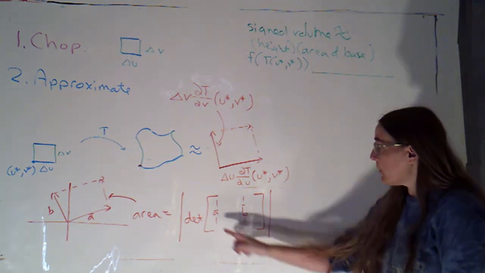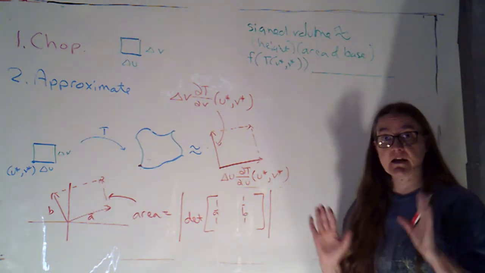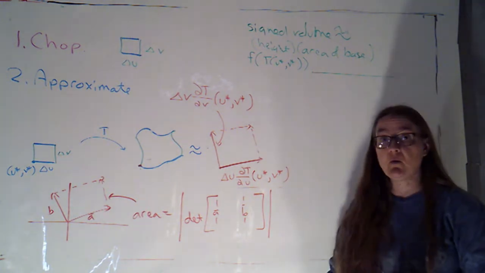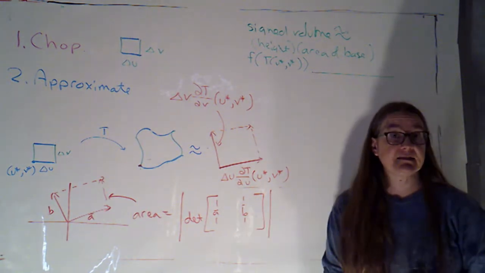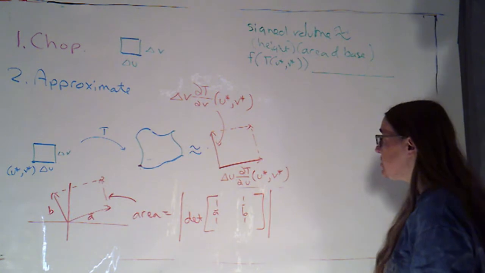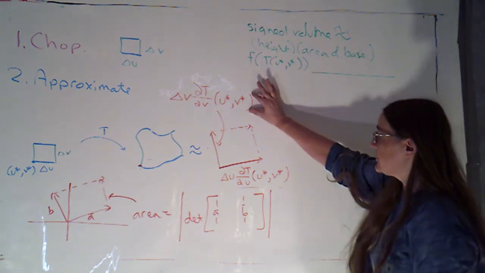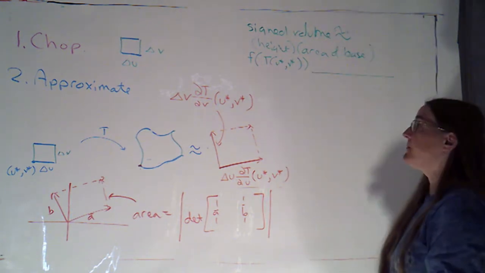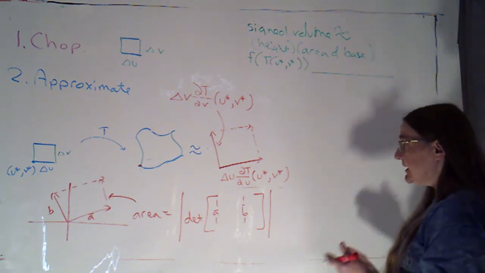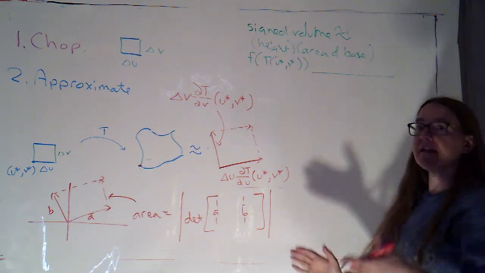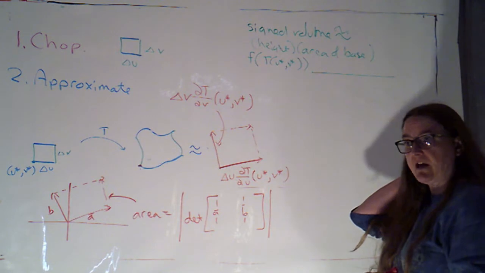Okay. Now, we could also put them in as rows. There's actually a reason that we'll get to in a moment about why I want to put these things in as columns. So what I need to do is put these vectors in as the columns of a matrix, calculate the determinant, and then calculate the absolute value.